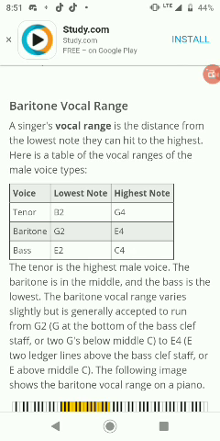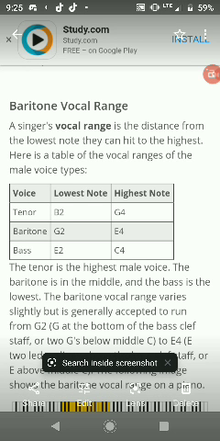Bass is E2 to C4. For me, I would actually fit right below the baritone, still with the F2. But obviously I'm not a baritone, so my tessitura isn't going to be that of a baritone. I can sing some baritone songs. Higher baritone is better, honestly, but tenor is still just a better option for me.